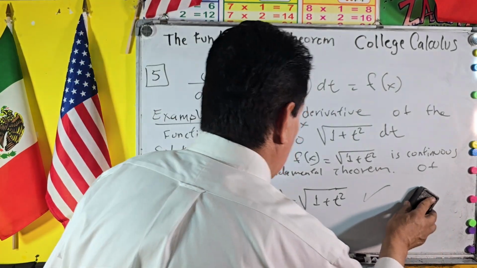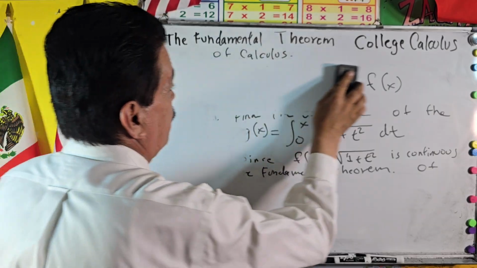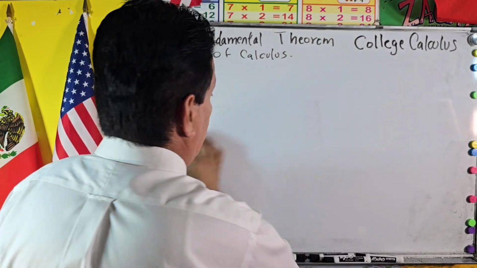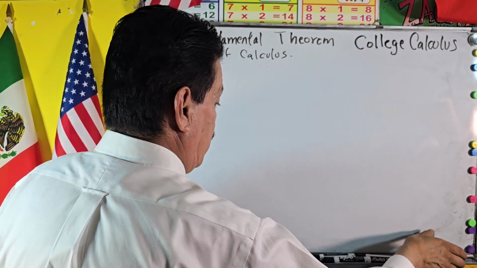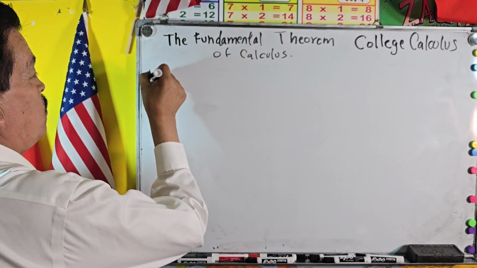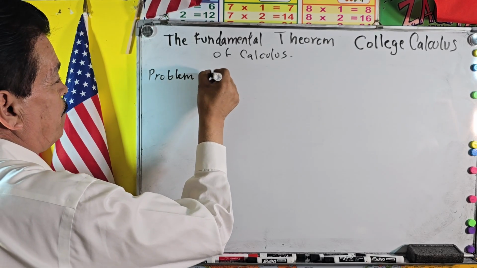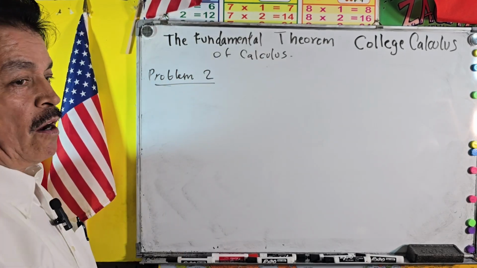This is problem 1. Let me show you another problem. I will reset everything. If you want to check the information, just look back at the video. Problem number 2. Okay.